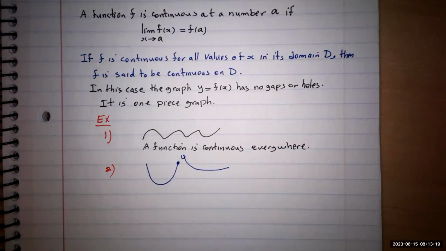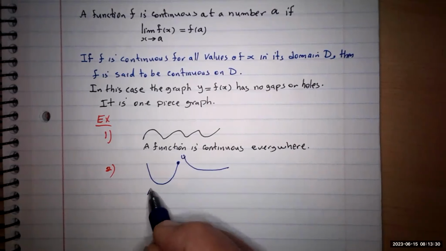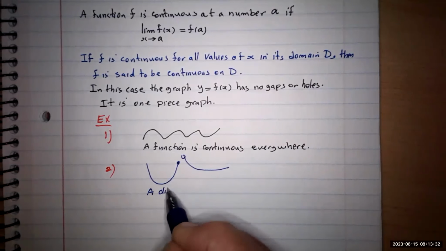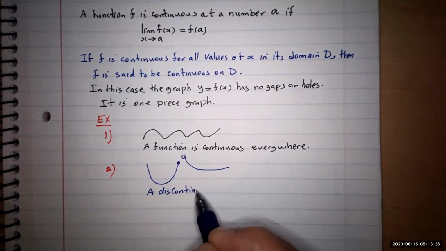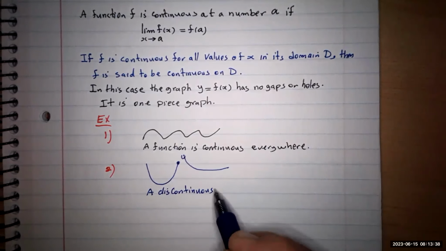In two parts, it's separated. So it's not a continuous function, because there is a gap here. So this is going to be called a discontinuous function.